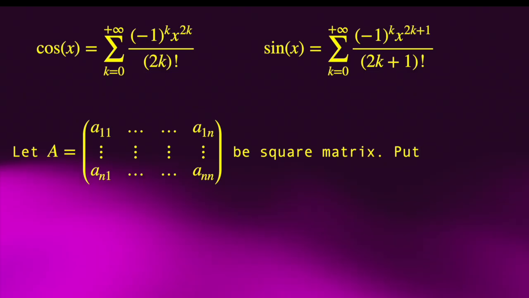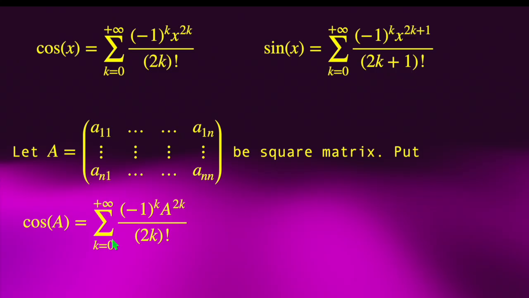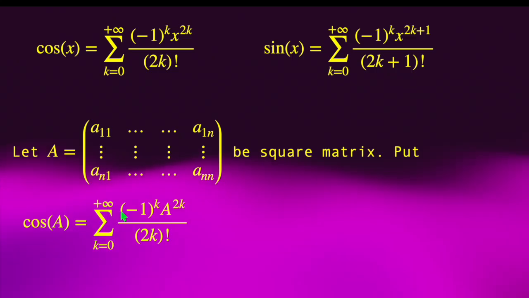We take a square matrix A and we put by definition the cosine of A is the sum from k equal to 0 to infinity of minus 1 power k A power 2k over 2k factorial.